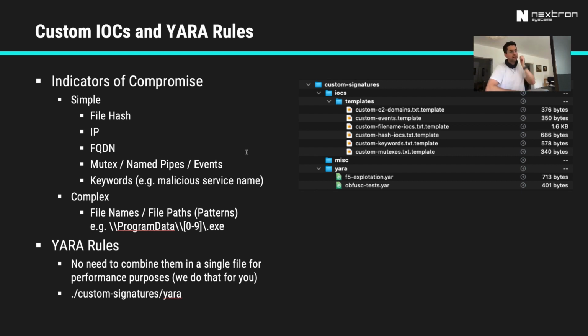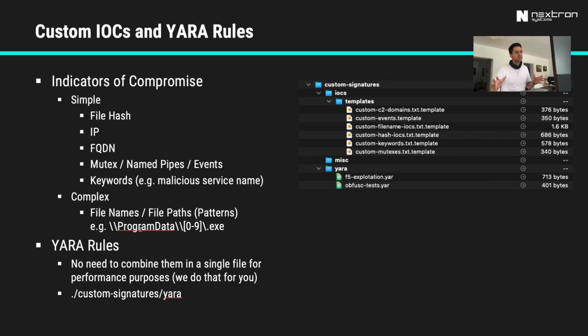The more complex IOCs, I call them complex because we decided to do them as regular expressions, are the file name IOCs. The regular expressions allow us to write them very flexibly. For example, we could write rules that look for a single character executable file in the program data folder.